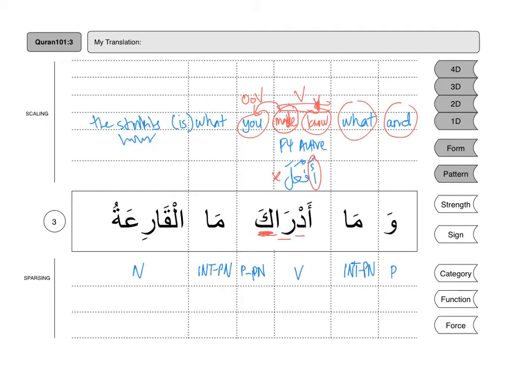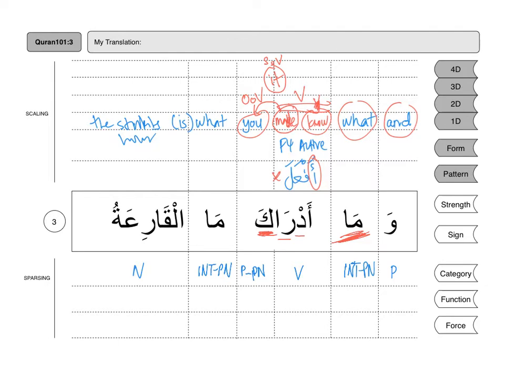So you assume an "it" or a "he" here, and we assume an "it" because it's the proper assumption. The "it" will be the subject of verb. If you exclude the ma, it becomes adraka, and adraka means "it made you know". But when you include ma, it becomes "what made you know", or "what makes you know". You don't say the "it" because it's referring back to the ma. That is the literal meaning of adraka.